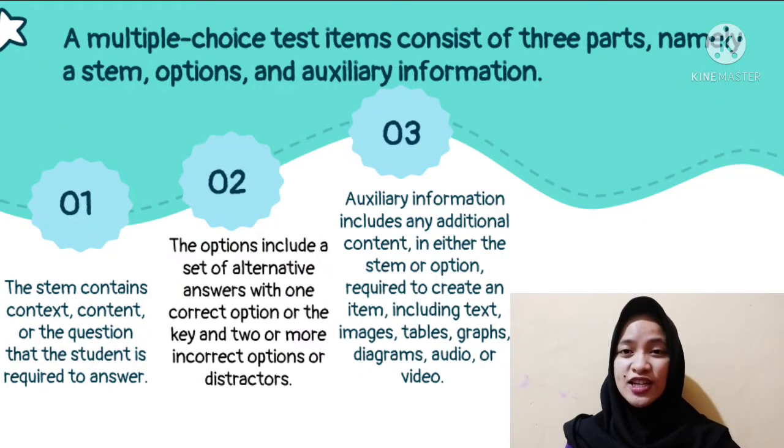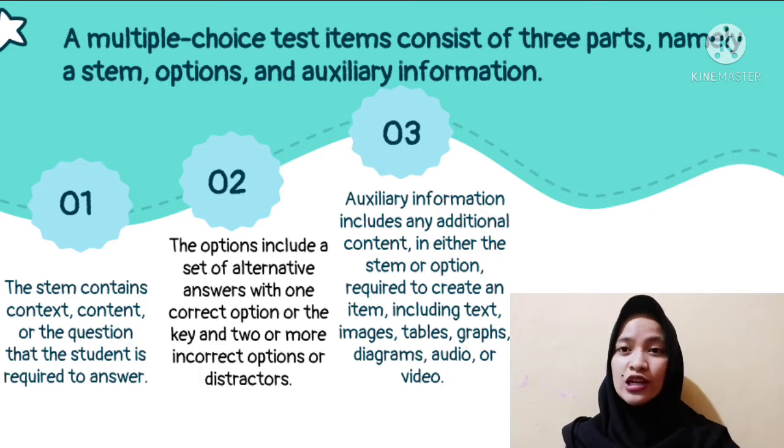A multiple choice test item consists of three parts, namely a stem, options, and auxiliary information. The first one is the stem. The stem contains context, content, or the question that students are required to answer. The second is the options.